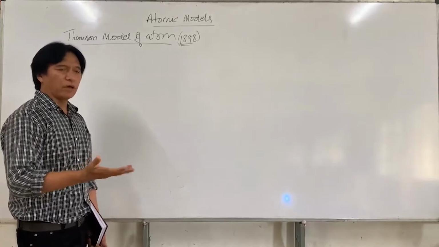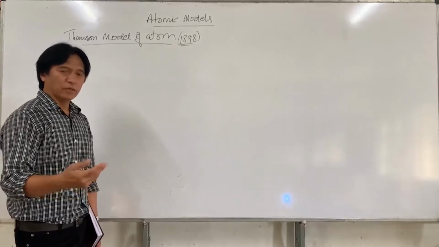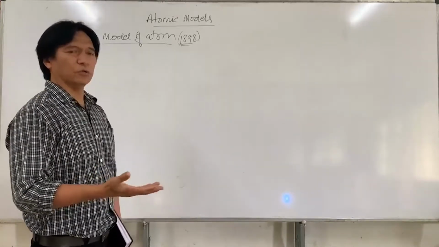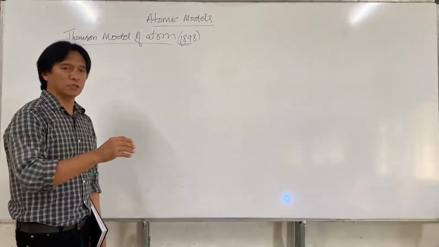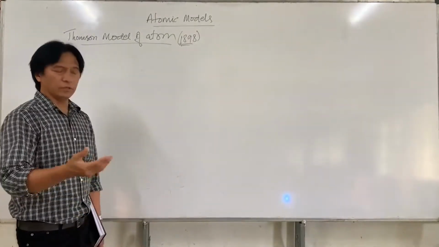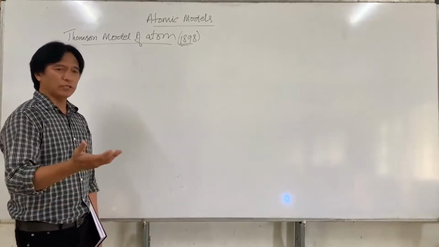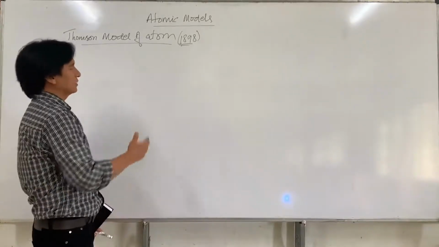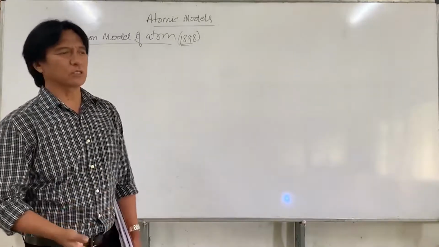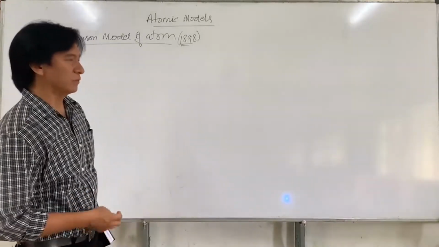So the red fleshy part can be thought of as your positively charged protons, and then the negatively charged electrons are similar to the seeds here, they can be treated as your electrons. So these different names are given to Thomson's model of atom.